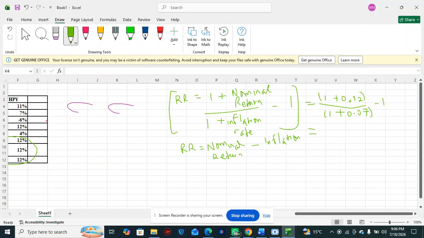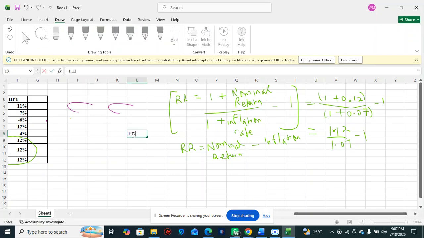So 1 plus 0.12 is 1.12, over 1.07, minus 1.